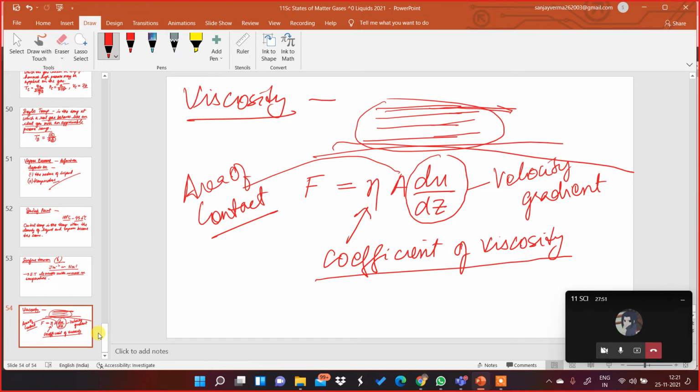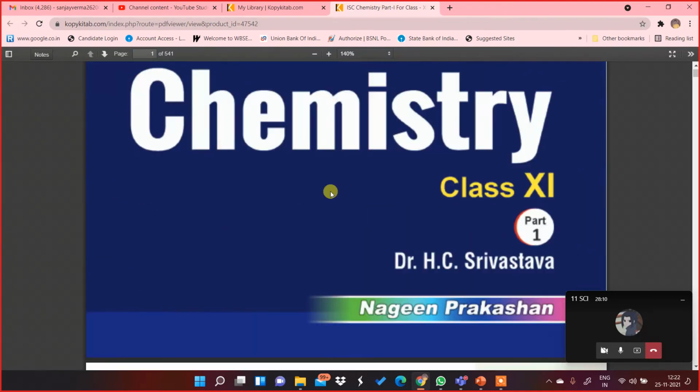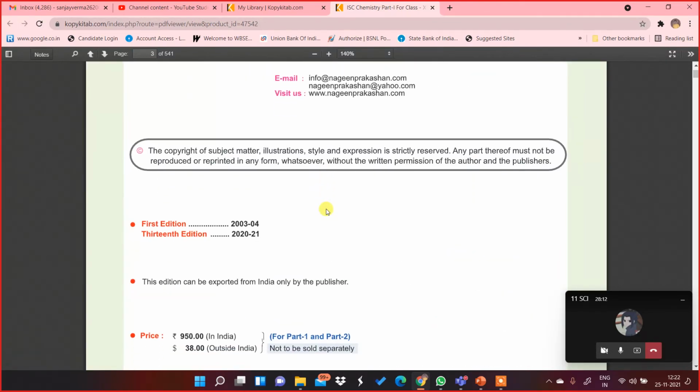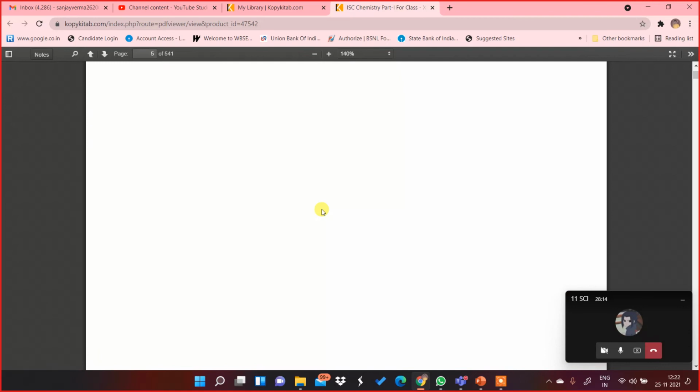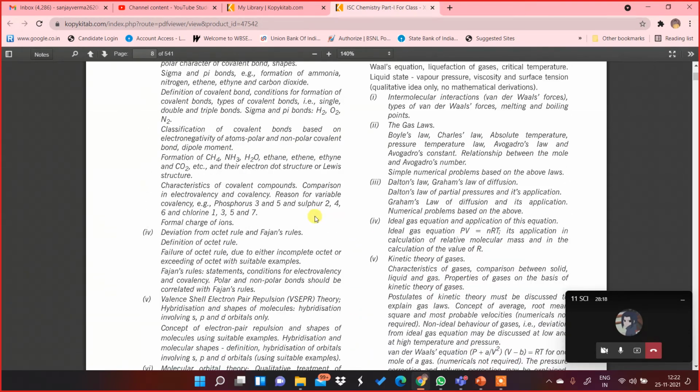So these are the things required from this chapter, states of matter, gases and liquids, and theoretically we have covered the important sections. Now what I would like you all to do is practice some very simple numericals on your own.